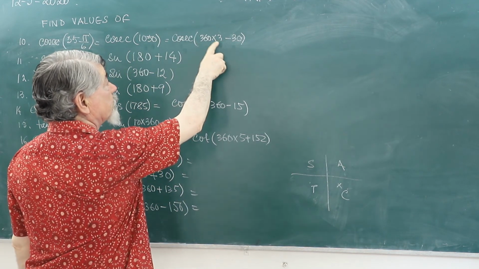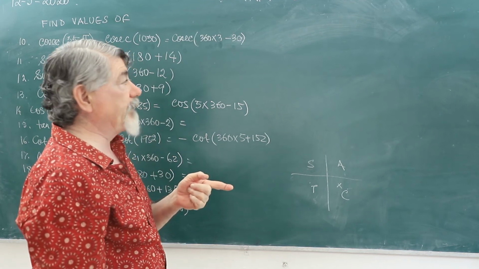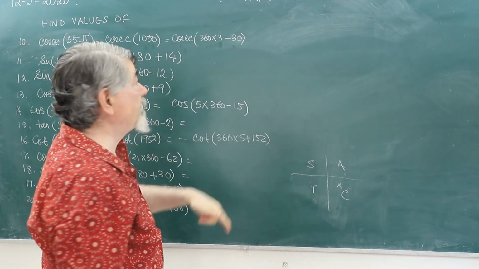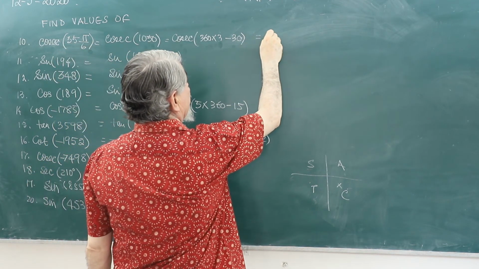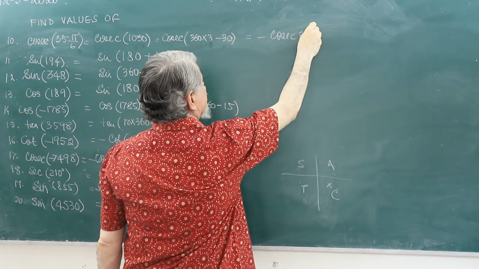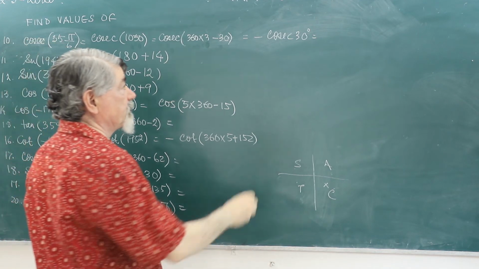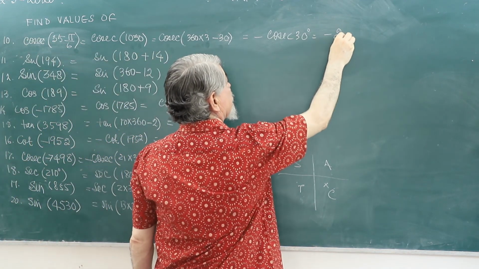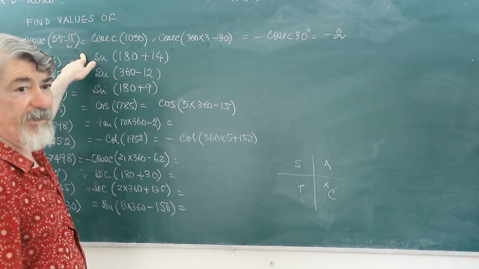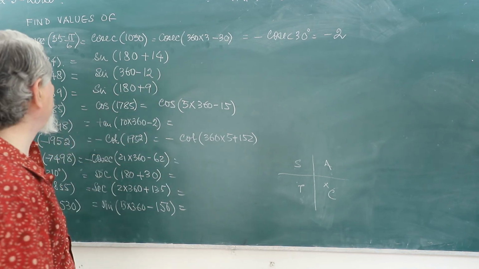So 360 into 3 is 1080, minus 30 gives 1050. Cosec theta will be minus cosec 30. Sin 30 is 1 upon 2, so cosec 30 will be the reverse, that is 2. The value of cosec 35 pi by 6 will be minus 2.